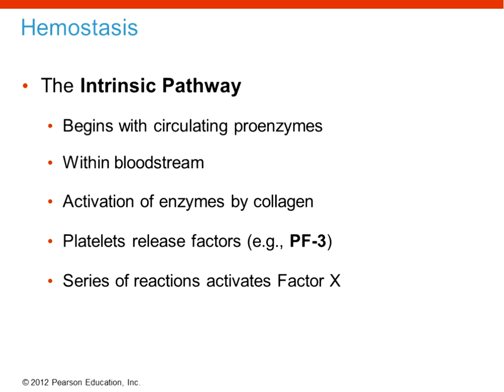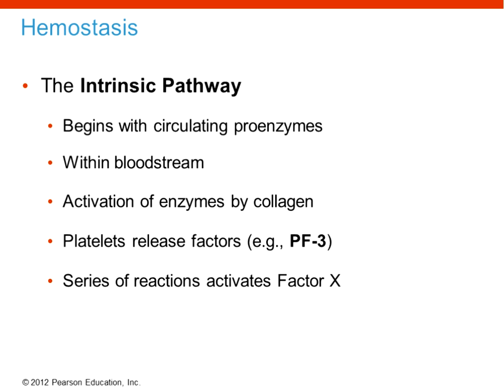So this is going to begin with the circulating proenzymes within the bloodstream. It's activated by enzymes, and its activation of enzymes are by collagen. Remember when we exposed that basement membrane because of the contraction of the endothelial cells? If you go back to A&P1, this is why a good understanding of A&P1 and Chapter 4 is vital, because we will keep talking about that throughout the semester.